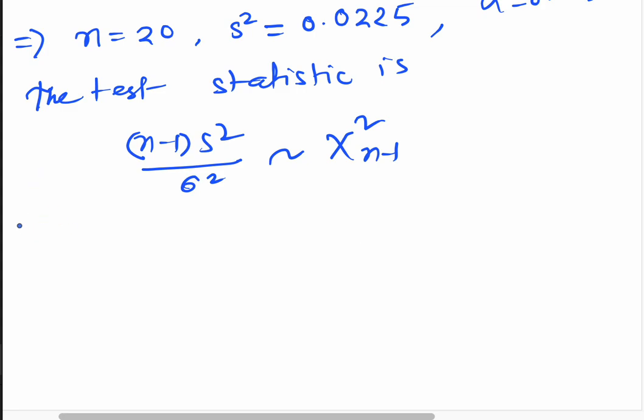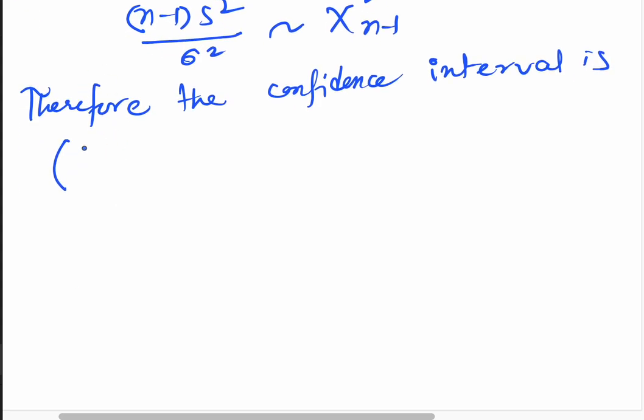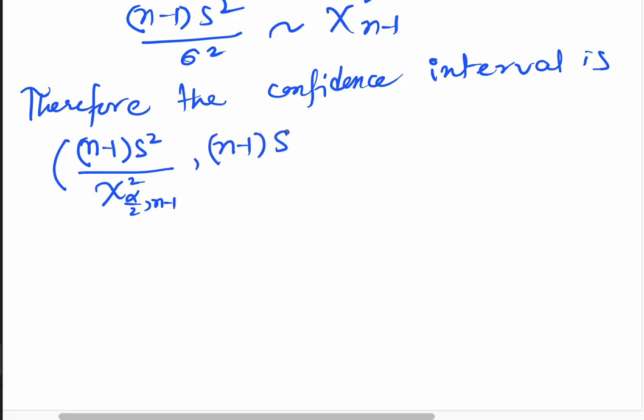Therefore the confidence interval will be n minus 1 s square by chi square alpha by 2 n minus 1, and n minus 1 s square by chi square 1 minus alpha by 2 n minus 1.